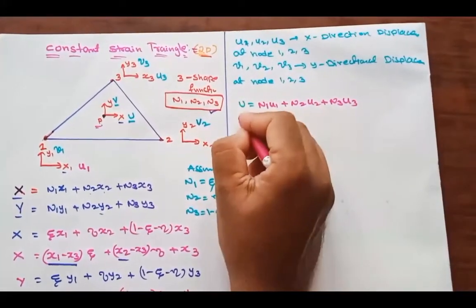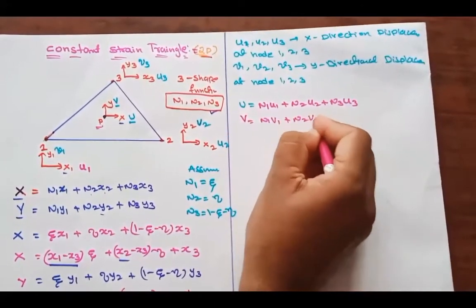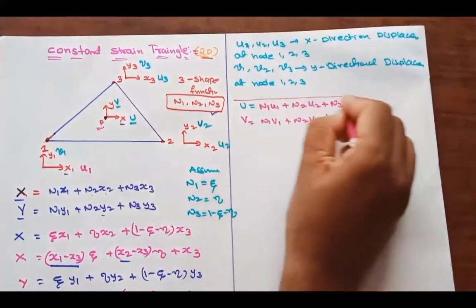Similarly v can be written as N1 v1 plus N2 v2 plus N3 v3. So this is one of the very important points.